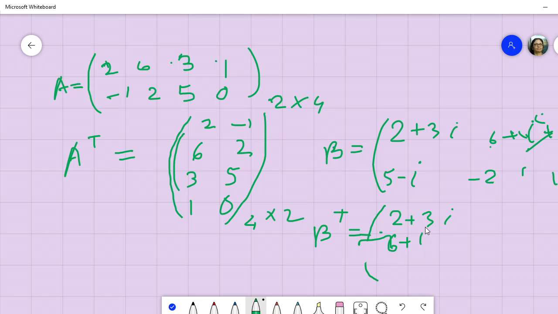So this is BT, the transpose for complex entries. Then what will BH be?